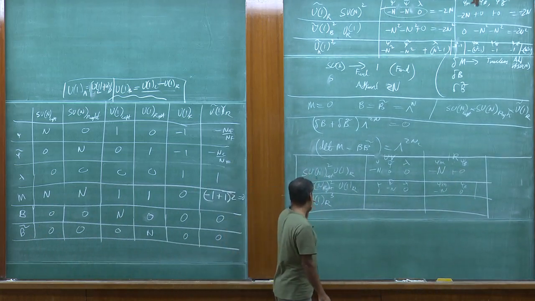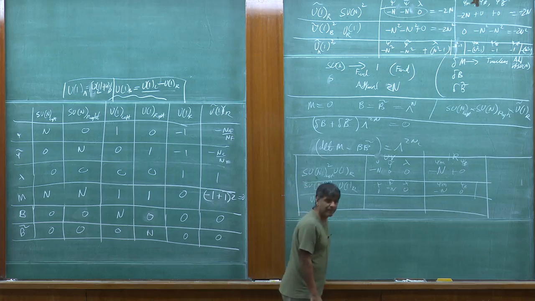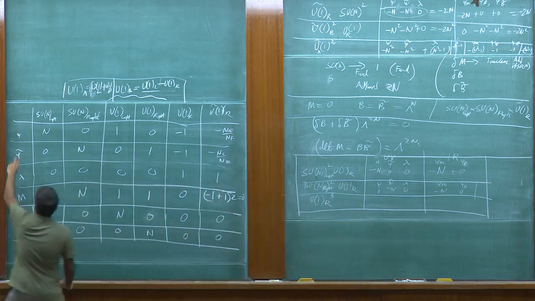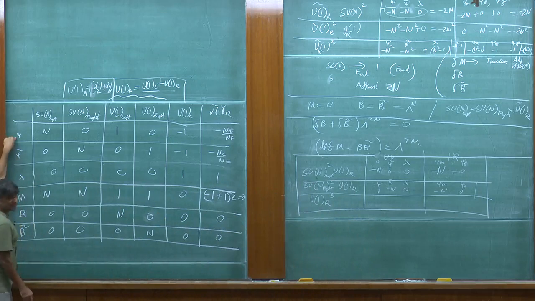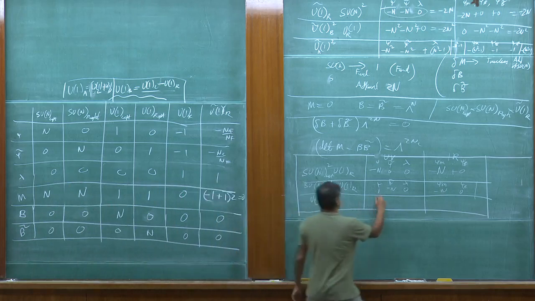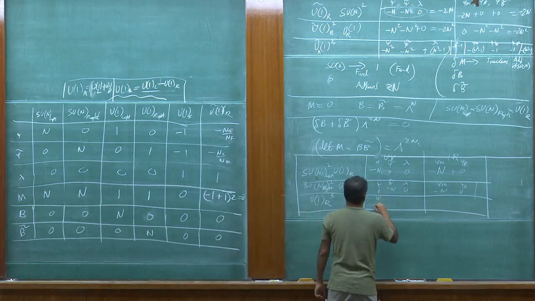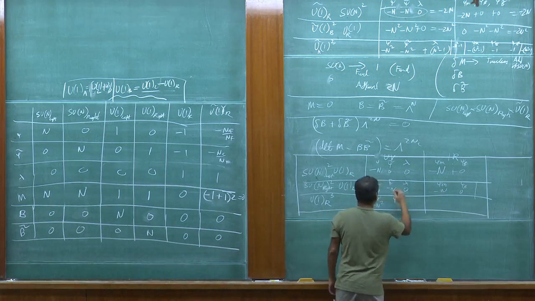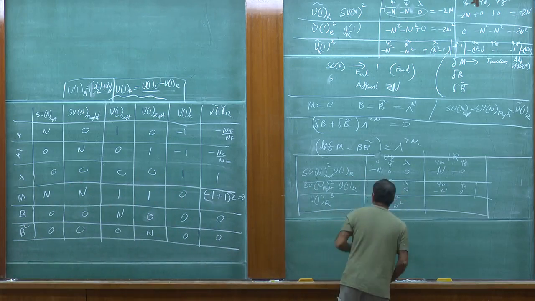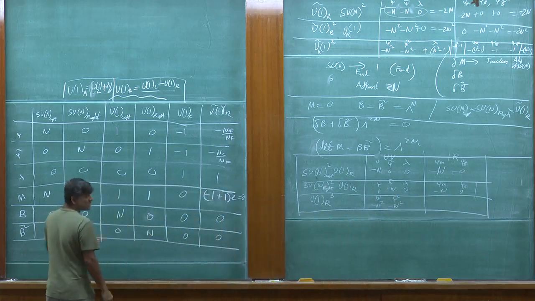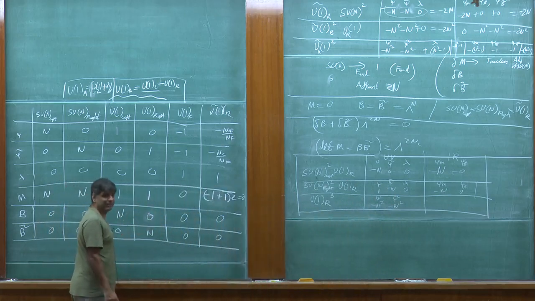Finally, for U(1)_R cubed, now let's work that out. That is, of course, very easy. For U(1)_R cubed, there were N squared psi fields. So we get psi is minus N squared. There were N squared psi tilde fields of minus N squared. And there were N squared minus 1 lambda fields.